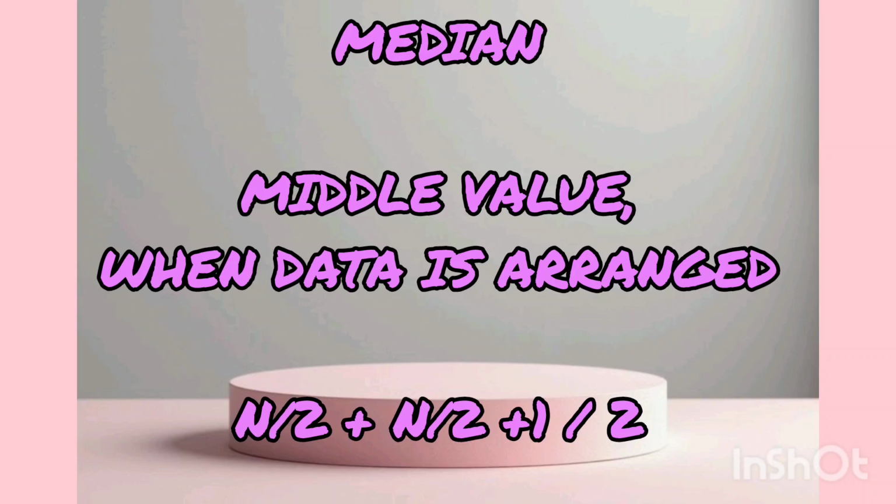However, let's say that there are 10 numbers, then to calculate the median, I'll take the fifth position and the sixth position, and I will take the average of them.